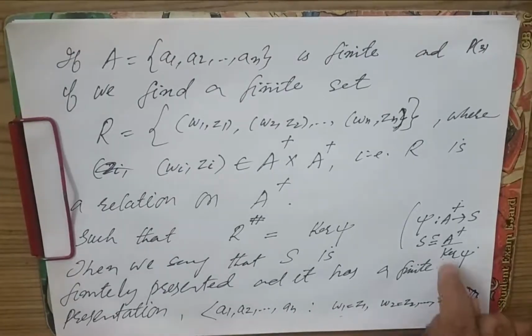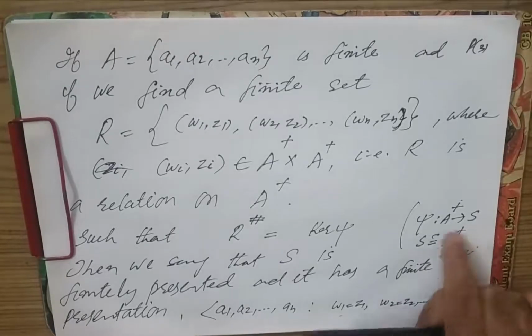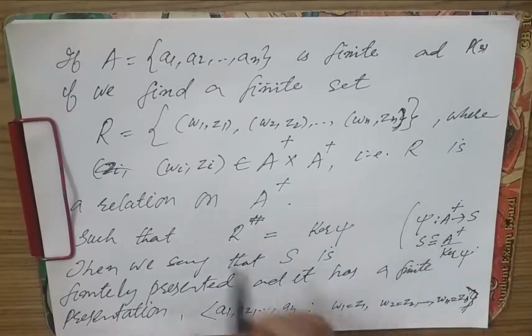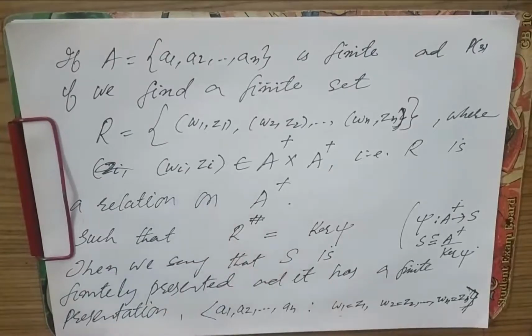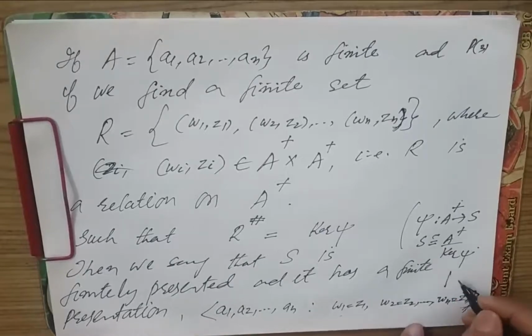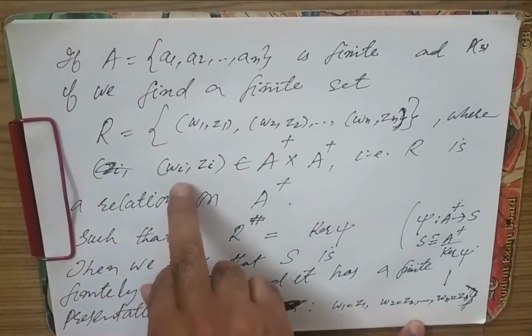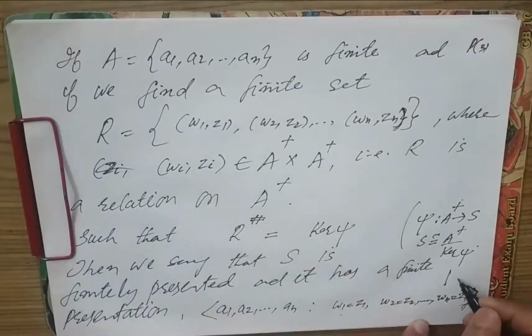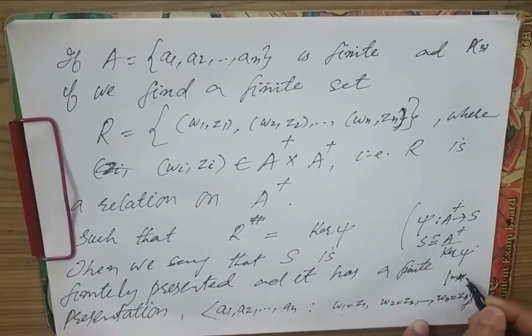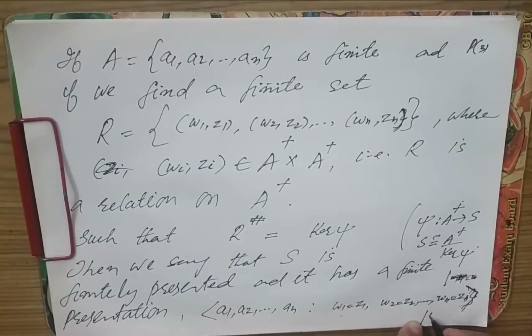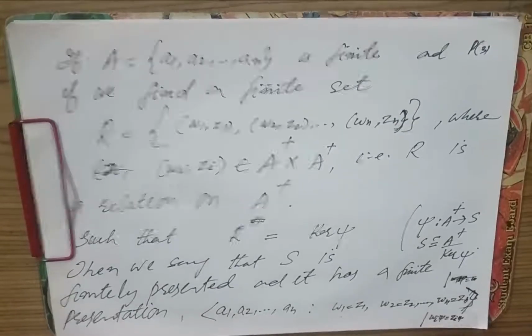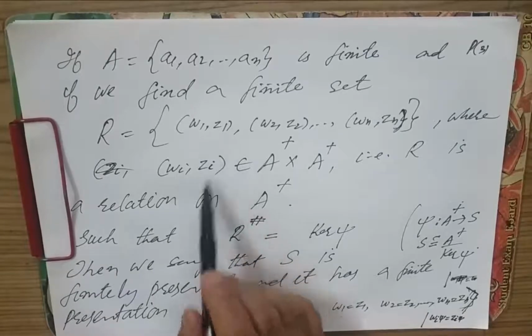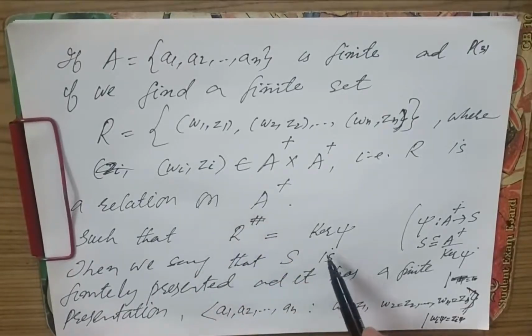So why is it so? Because it is isomorphic to A plus over kernel of psi, and in this A plus over kernel of psi, W1 is equal to Z1, W2 is equal to Z2, because they are related to each other. So that means Wi psi is equal to Zi psi for all i, because they are psi related to each other, as R sharp is equal to kernel of psi.